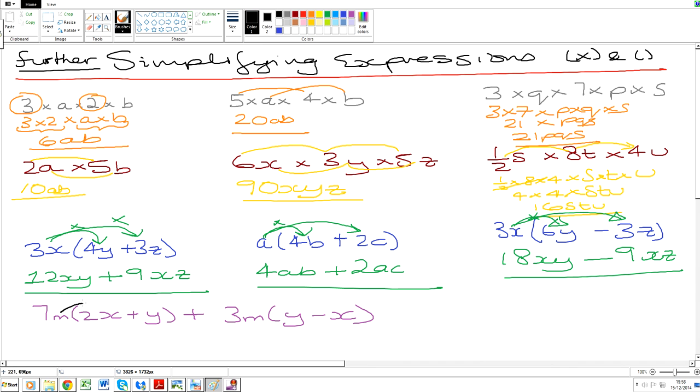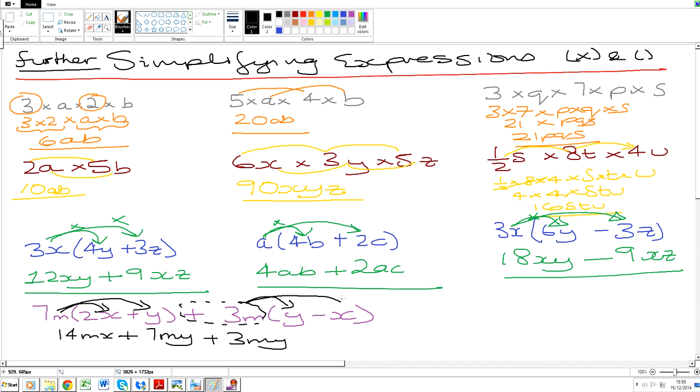So we have here 7m times 2x and 7m times plus y. 7m times 2x is 14mx. 7m times plus y will give us 7my. Now we've got plus 3m times y. That will give us plus 3my.